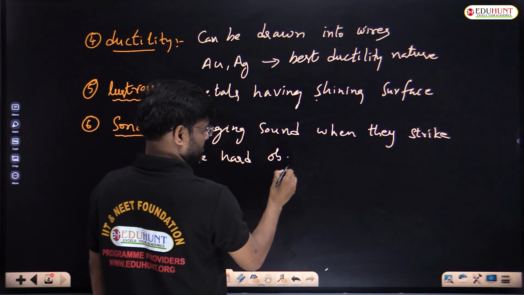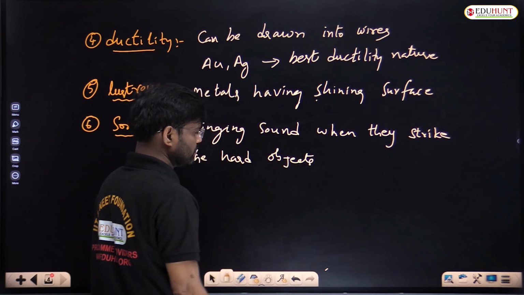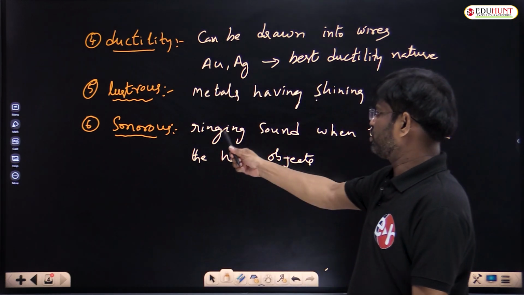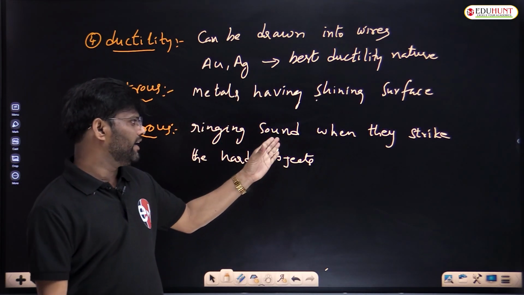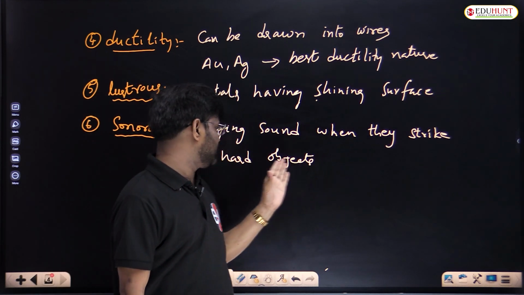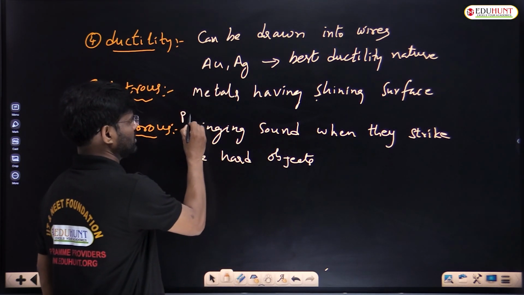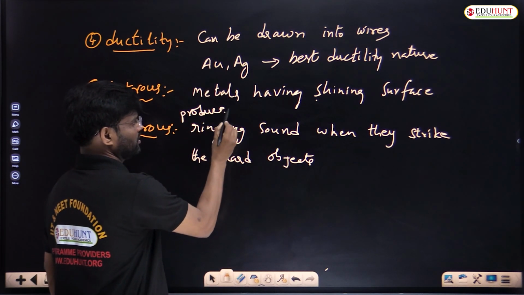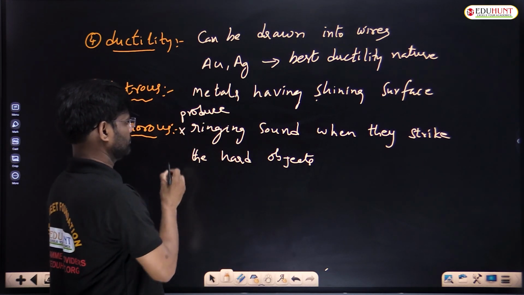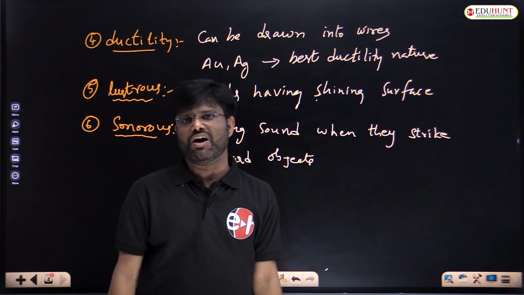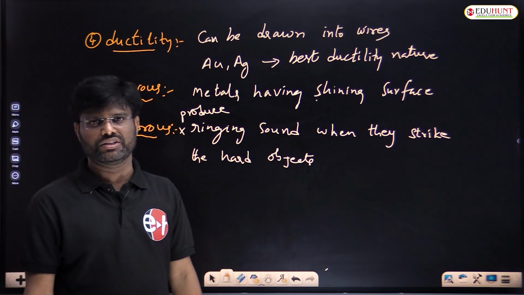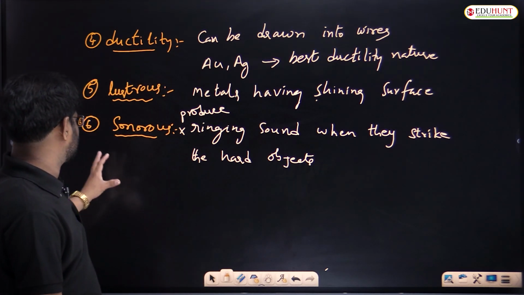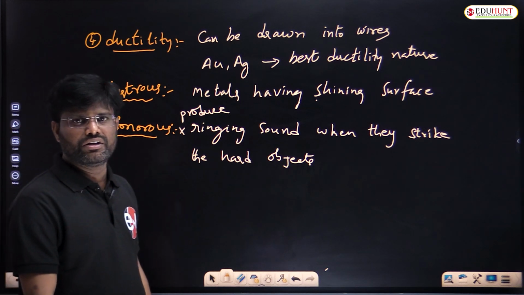This is called the sonorous property. This is important: metals produce a ringing sound when they strike a hard object. This is called sonorous nature, the sixth physical property of metals.